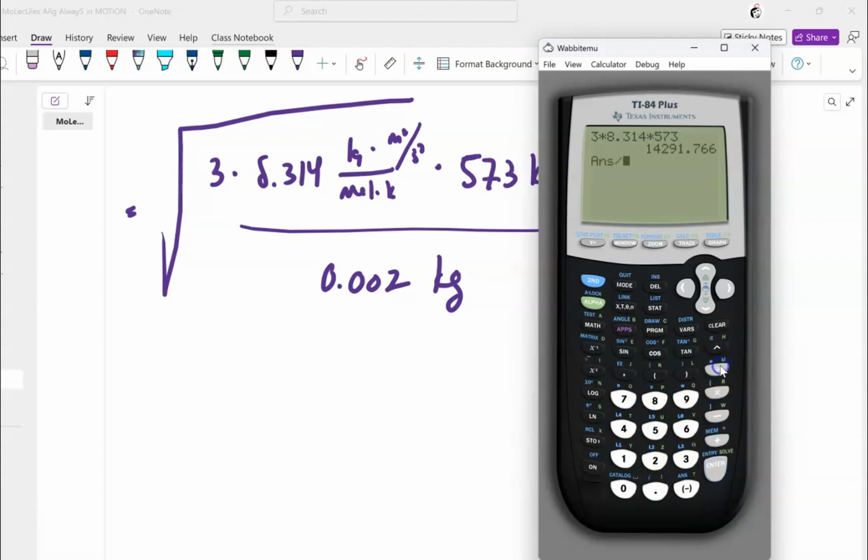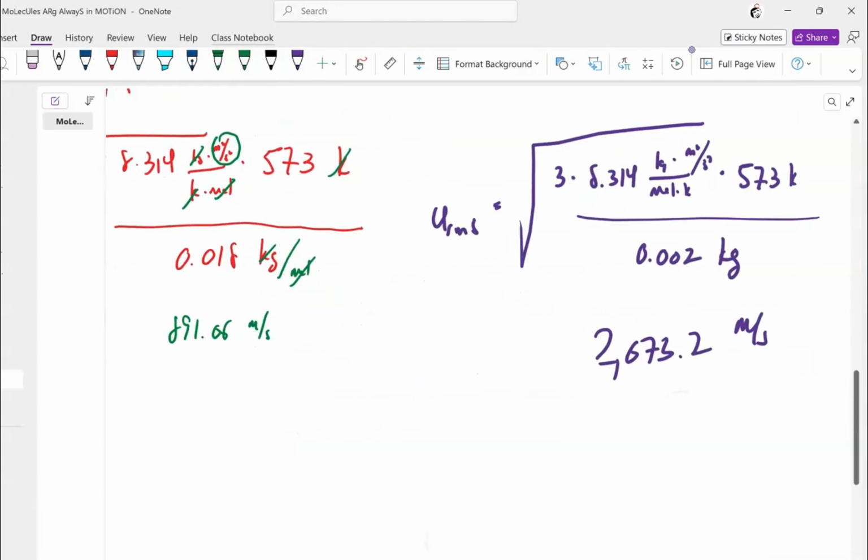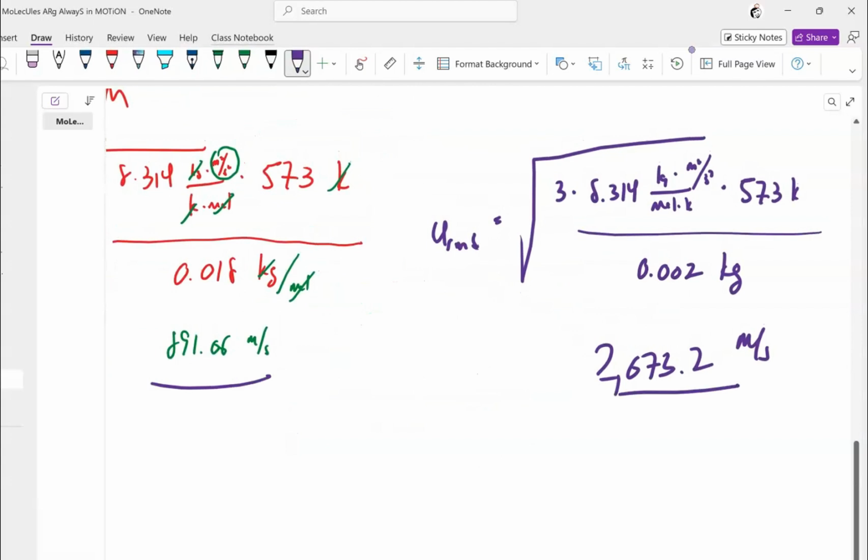We'll divide this by our mass, which is 0.002 kilograms, and then we're going to tell the calculator to take the square root of this answer. Wow, quite a lot faster, 2,673.2 meters per second. At the same temperature, our water molecule is moving a lot slower.